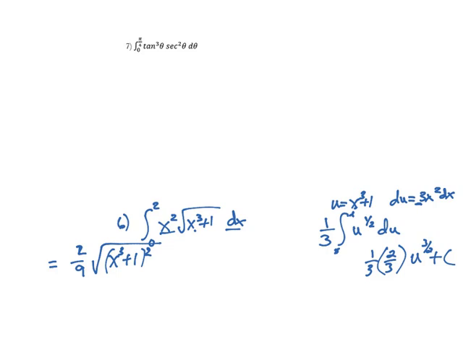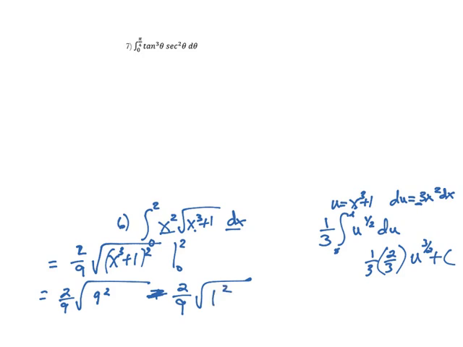And then I don't want a plus c, I'm going to evaluate that from 0 to 2. So I have 2/9 times the square root of 2 cubed plus 1, which is 9, squared, minus 2/9 times the square root of 1 squared.